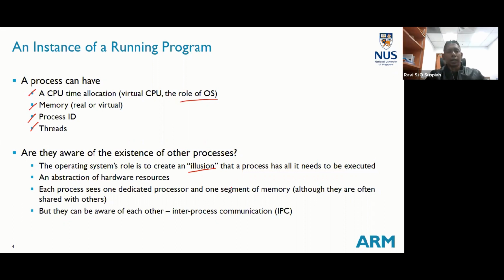Now when you open up an application on your desktop, you can open up Microsoft Word, Microsoft PowerPoint, or Google Chrome. Each of them runs separately, and as far as each process is concerned, it is using the CPU and the system resources, and it is not bothered about what else the CPU is doing.